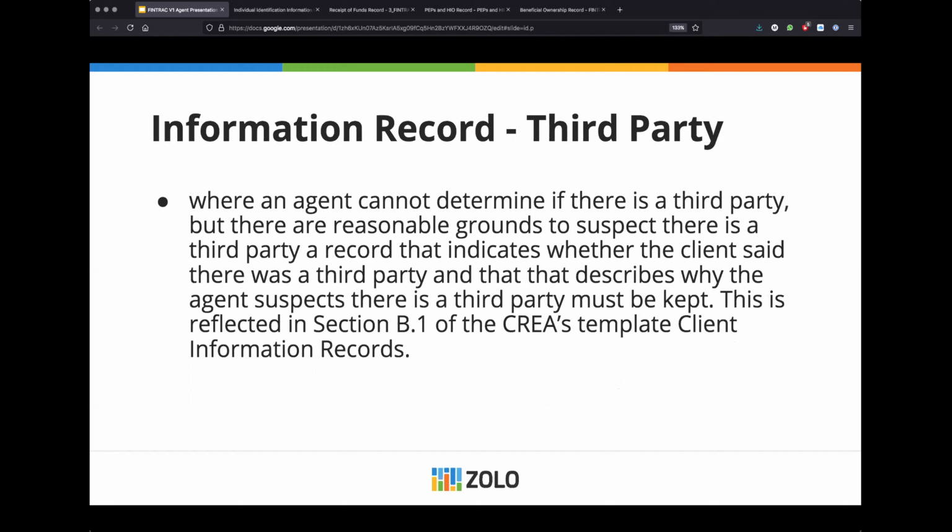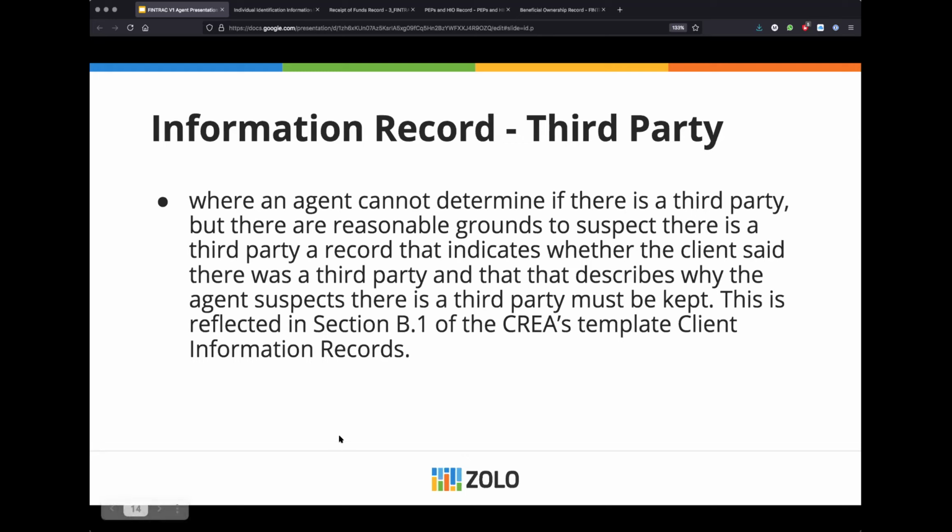Where an agent cannot determine if there's a third party, but there are reasonable grounds to suspect that there is a third party, a record that indicates whether the client said there was a third party and that describes why the agent suspects there is a third party must be kept. Okay.